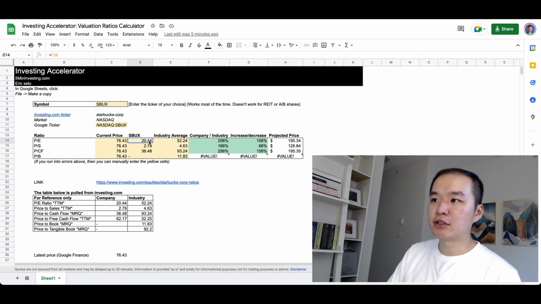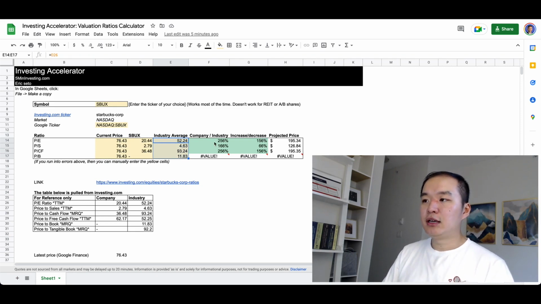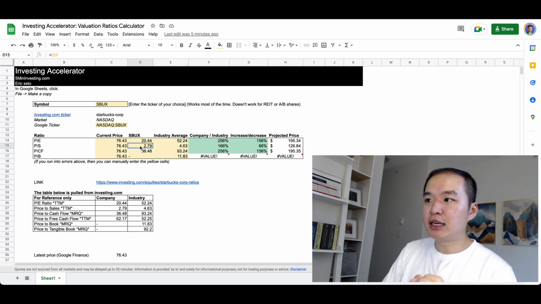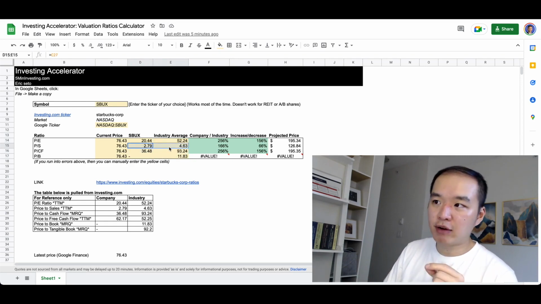For example, for Starbucks, I only have 3 of the ratios available that I'm pulling from investing.com. Here you can see that the current price is this much, the Starbucks ratio is this much, and this is the industry average I pull from investing.com as well. This gives you a feeling of what Starbucks stock price could be if they're at the industry ratio.